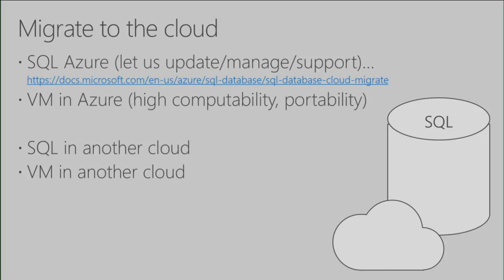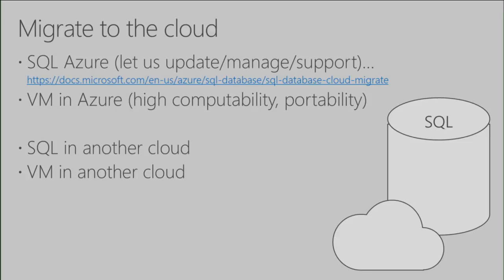This will migrate it to a PaaS service. The value of the PaaS service is you don't have to manage it anymore. You let us do it. The disadvantage is your data is in Azure and you're dependent on Azure. And for some people, that's not okay. For others, that's great. For me, that's great. I work for Microsoft. It makes sense for our data to be managed by us.